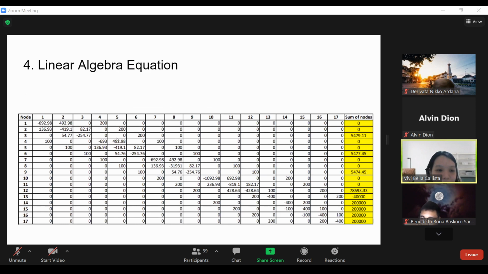When we already have all the linear equations, we put them in a matrix. To make it easier, we do it in Excel by writing the matrix one by one based on node and based on temperature.